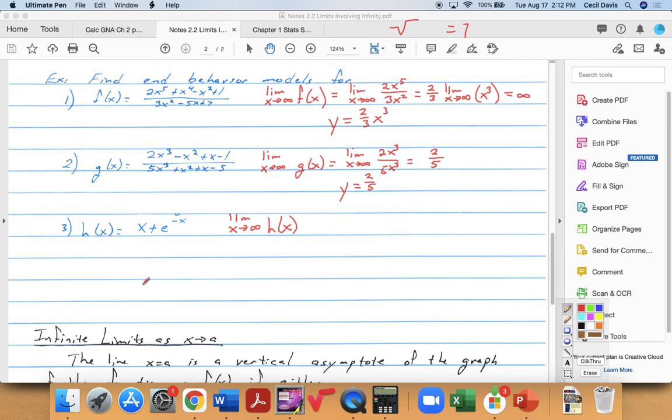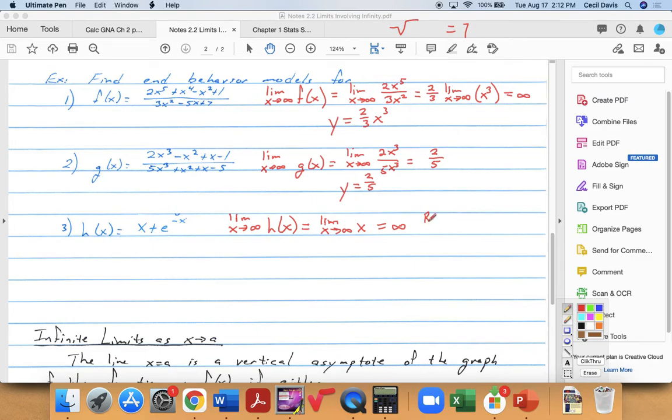Okay? So this part goes to 0. So this is going to be the same as the limit as x goes to infinity of x, which is infinity.